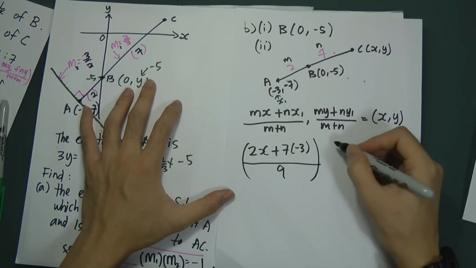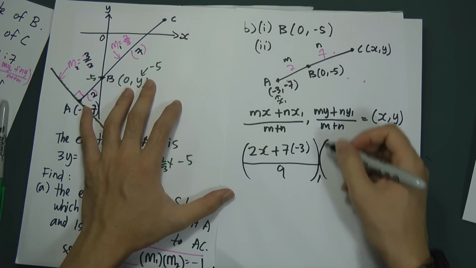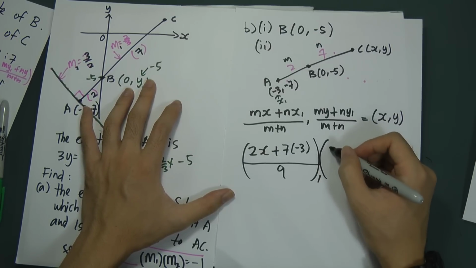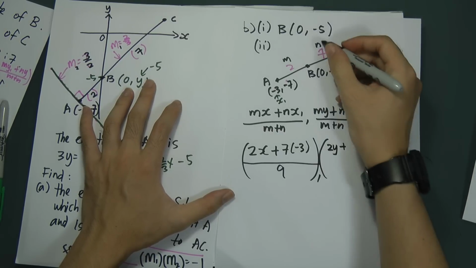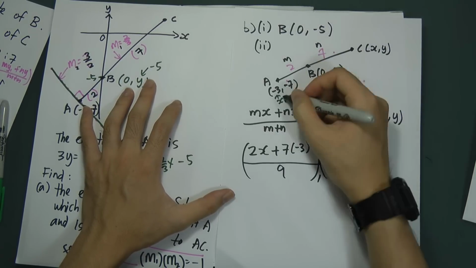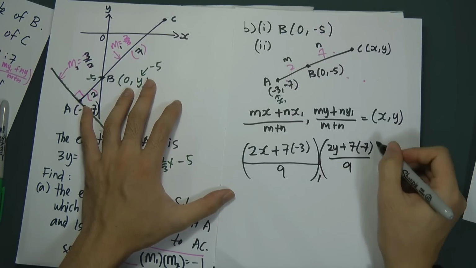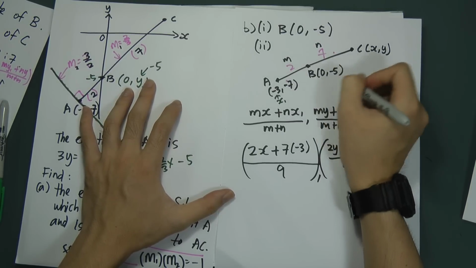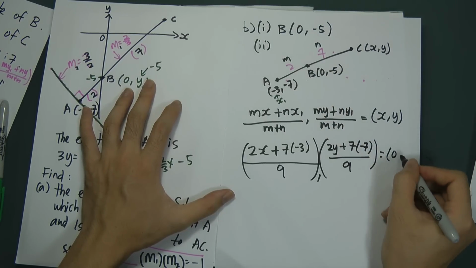You got the first one. Then you got the second one. This is a comma, no plus or multiply in the middle. m is 2, multiplied by the further one, y. Plus n is 7, multiplied by the further one, -7. Divided by m plus n, which is 9, equals the middle coordinate, (x, y). This middle coordinate is (0, -5).